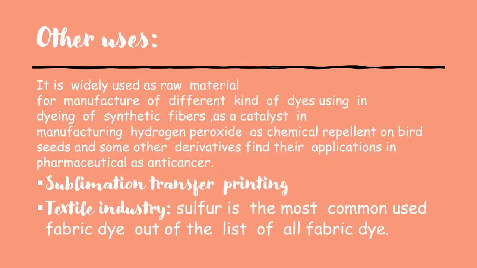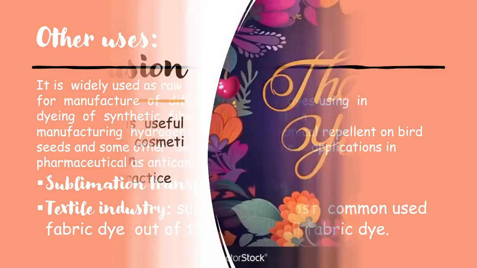Other uses: it is widely used as a raw material for the manufacture of different kinds of dyes, in dyeing of synthetic fibers, as a catalyst in manufacturing hydrogen peroxide, as a chemical repellent on bird seeds, and some other derivatives find their applications in pharmaceuticals as anti-cancer agents, sublimation transfer printing, and the textile industry. Sulfur dye is the most commonly used fabric dye out of the list of all the fabric dyes.